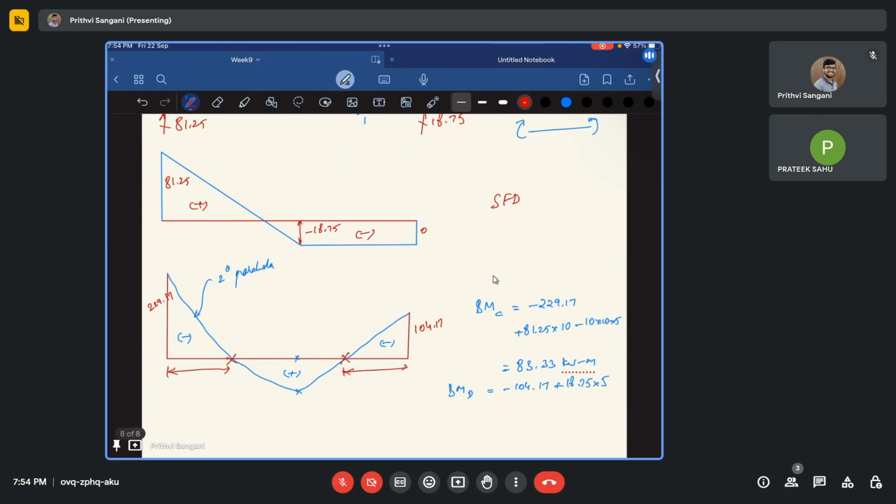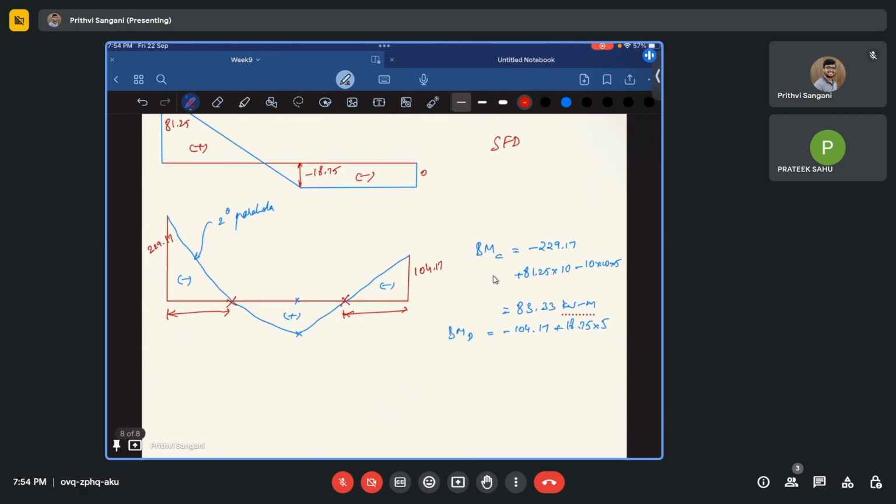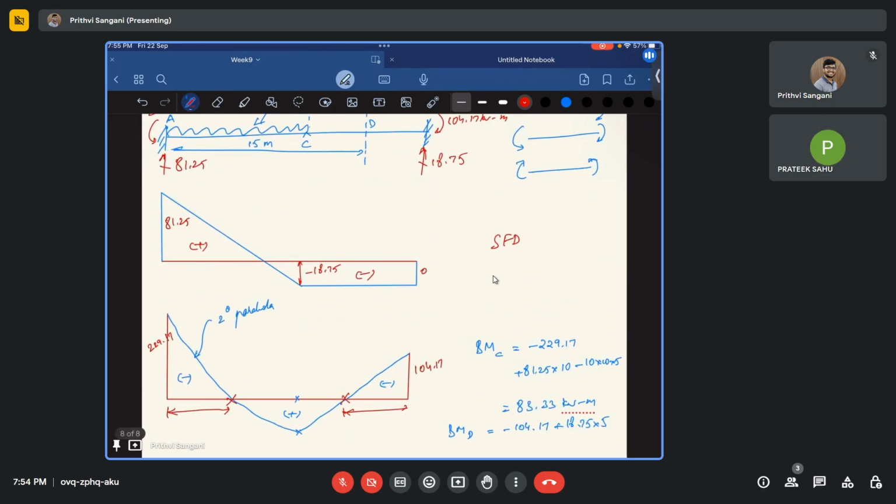So in this section, let us say in AC, you assume some x distance and then you equate the moment to zero and you can find out the point of contraflexure. Let me write it down for you.